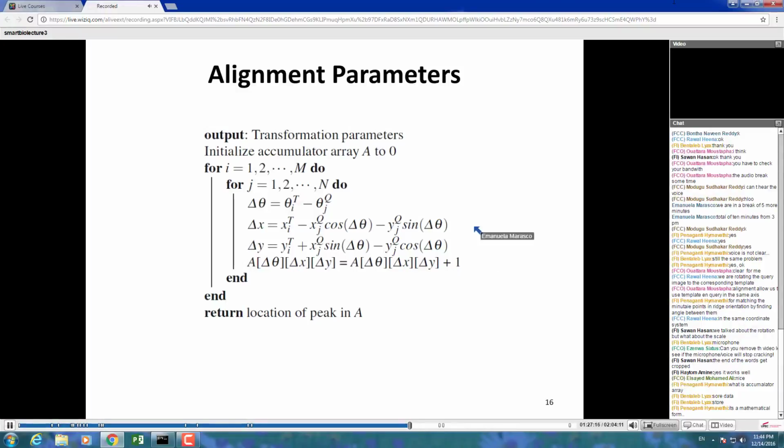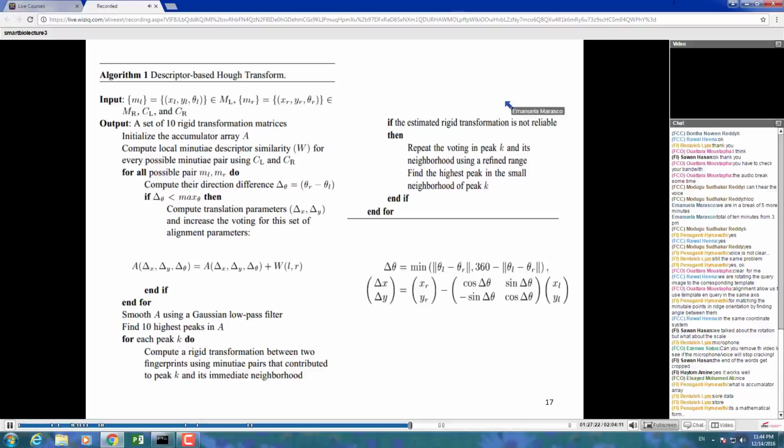We also see an implementation in MATLAB that I provide to you. So if you are familiar with MATLAB, you can also run and use these, as you can see, the function.